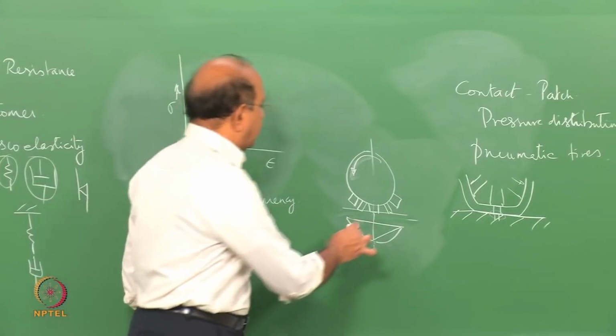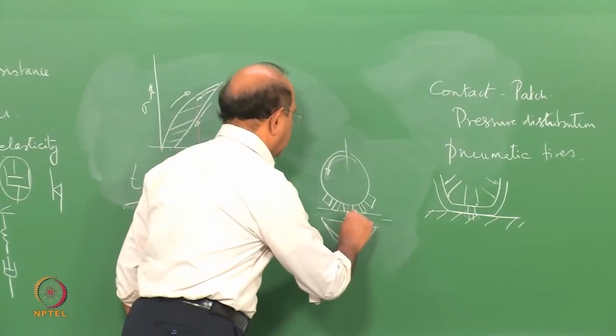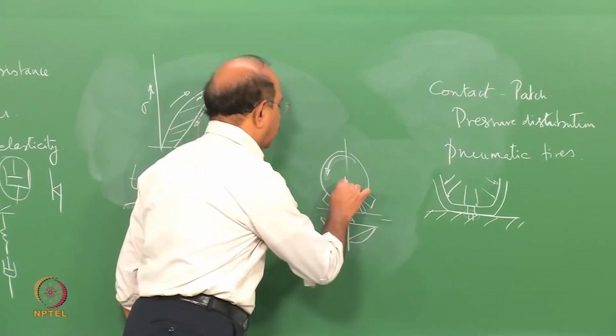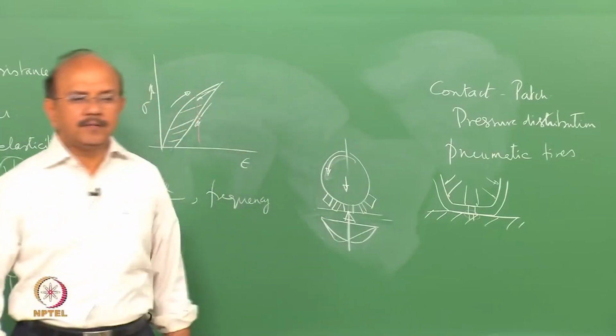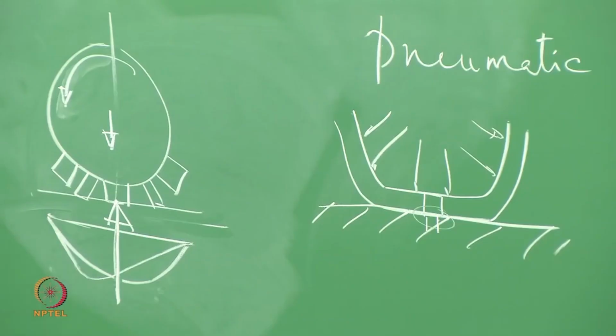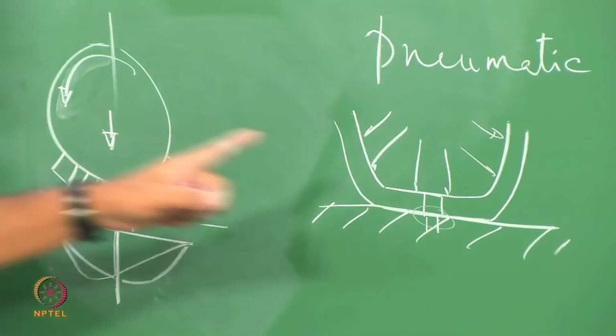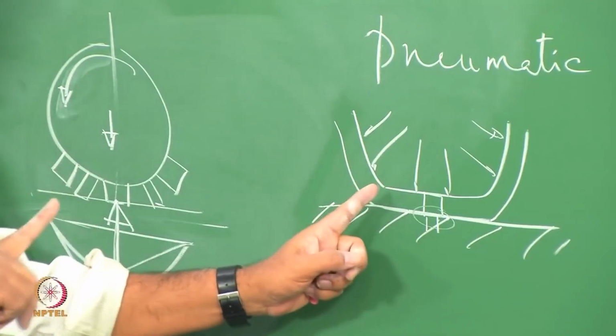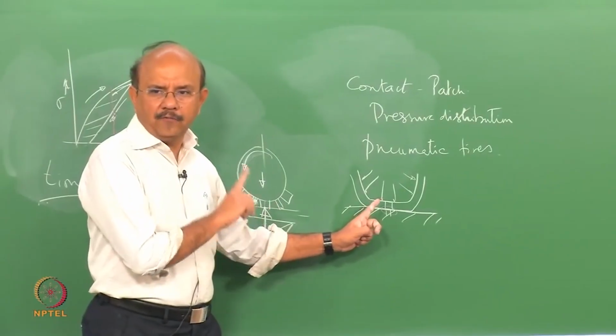If I now say that the reaction force is in order to support, this is not a very correct picture, that is why I introduced this inflation pressure. Keep that in mind, we will come back to this topic again.